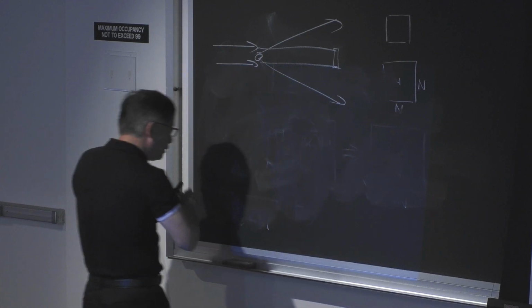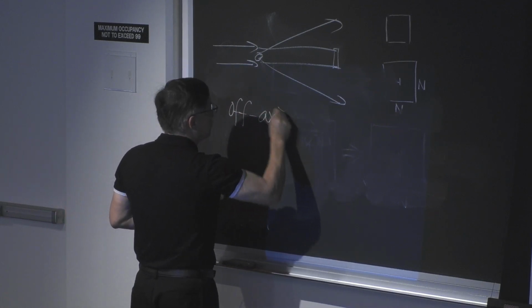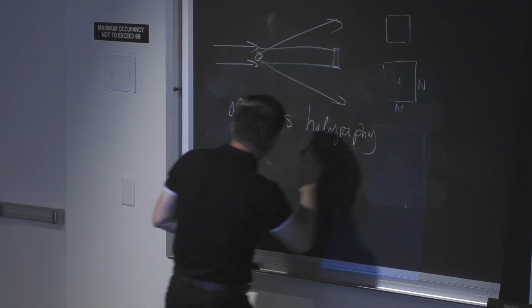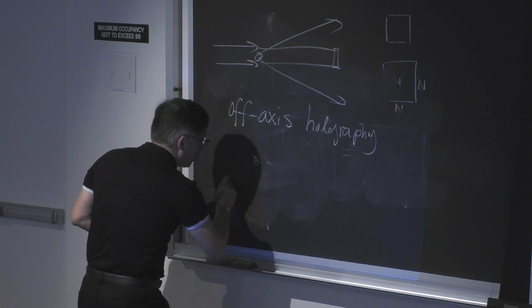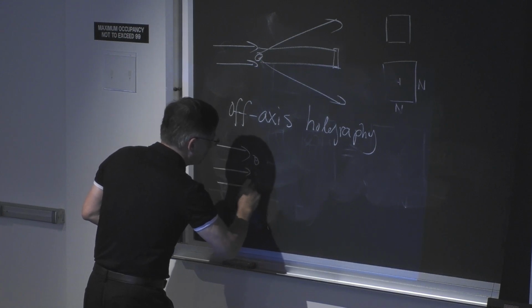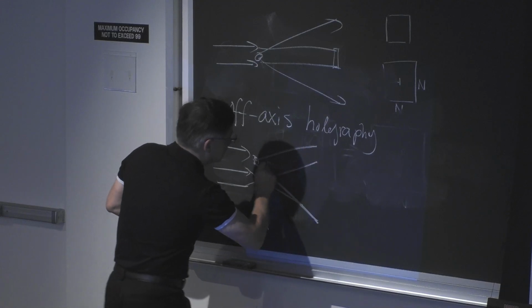The second is off-axis holography. So with off-axis holography, let's say you have an object here, and you have a focused beam. You have a wave coming, you focus some of the beam here, and then you get interference.